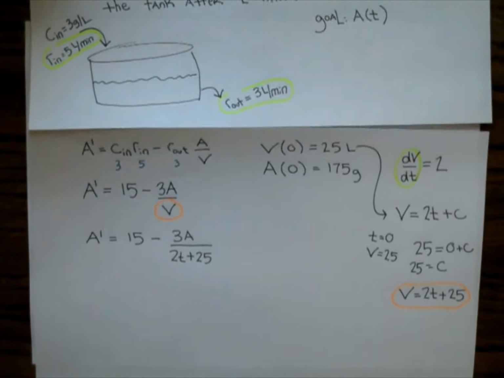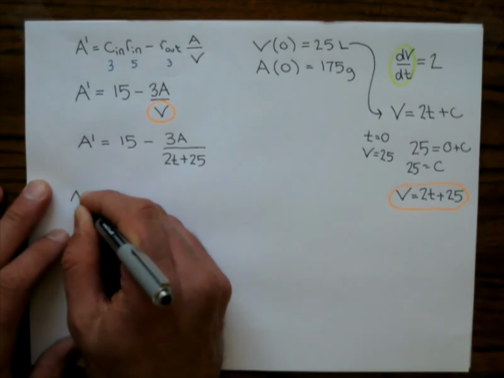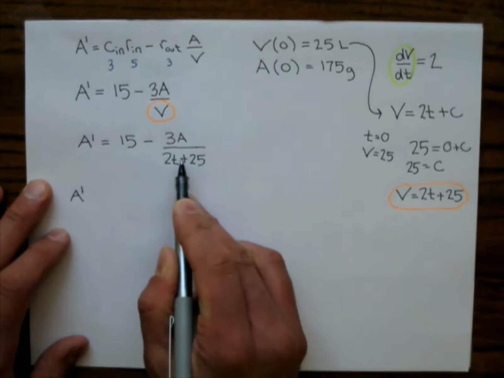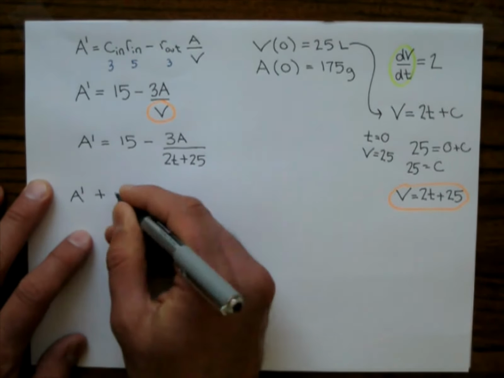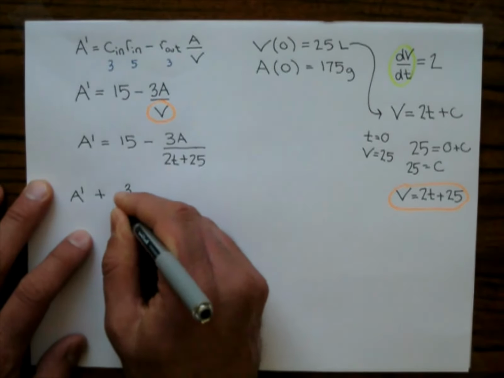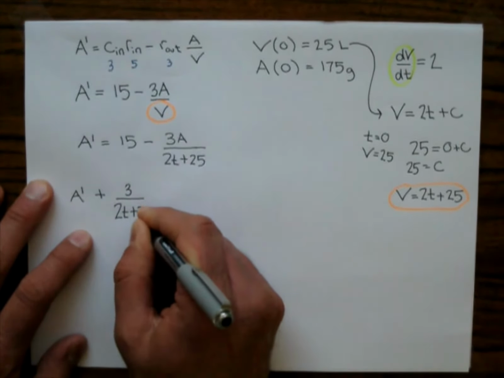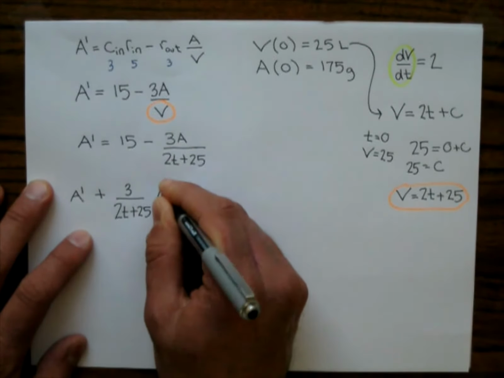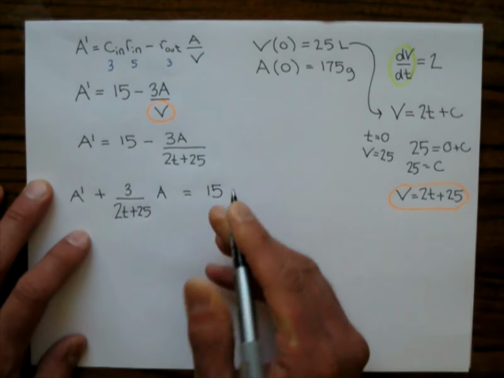So we're going to shift things over here. I'm going to go ahead and write this as A prime, move this to the left-hand side, plus 3 over 2t plus 25, times A, equals 15.